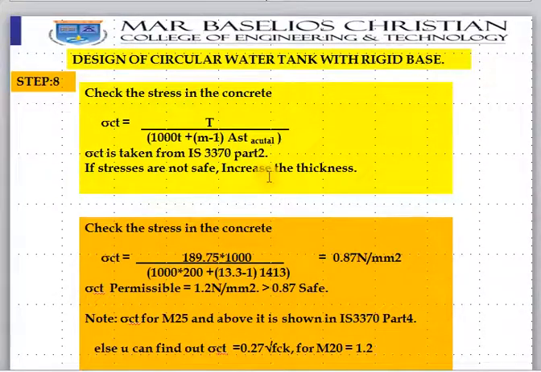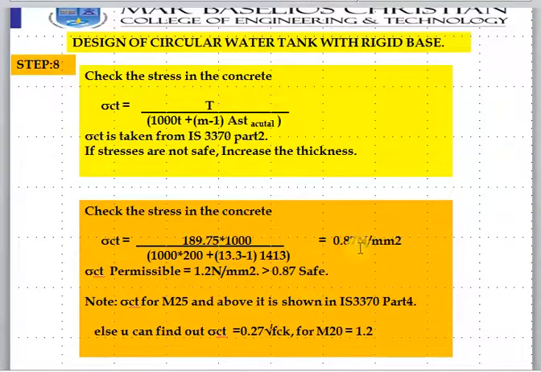And AST actual is 1413. So the value whatever you got is 0.87, whereas permissible sigma Ct is 1.2. I told you, you can find out 0.27 root FCK, because it is not there in the code actually. Code starts from M25 only. Okay, so we are on the safer side. 1.2 is the permissible value, we can go up to 1.2. Whatever we have is only 0.87. We are on the safer side.